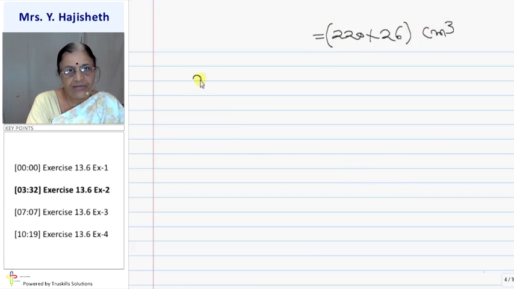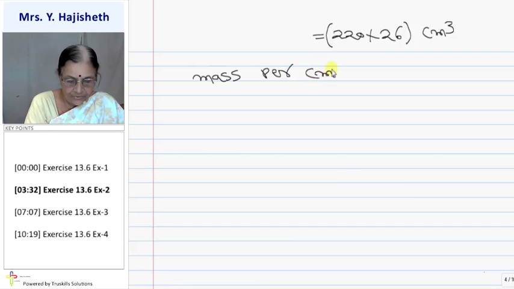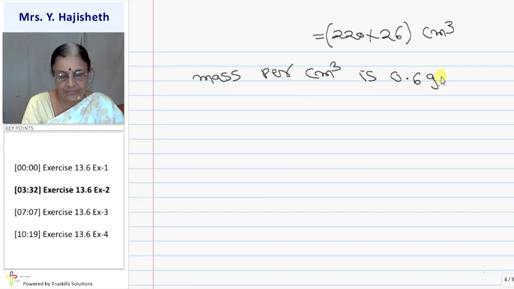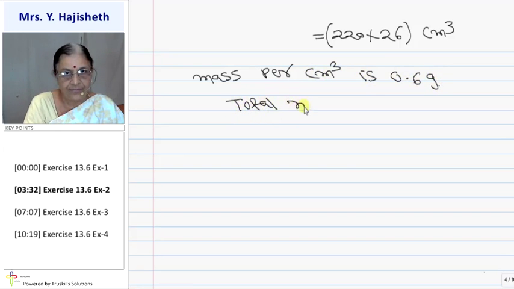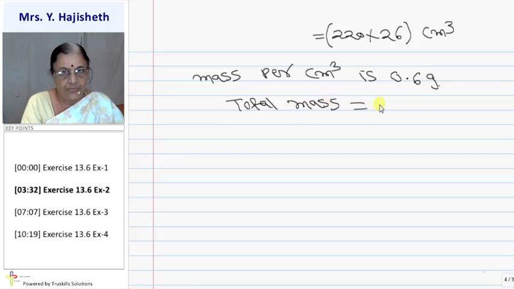Now mass per centimeter cube is 0.6 gram. So total mass is volume multiplied by density. Density means mass per unit volume.